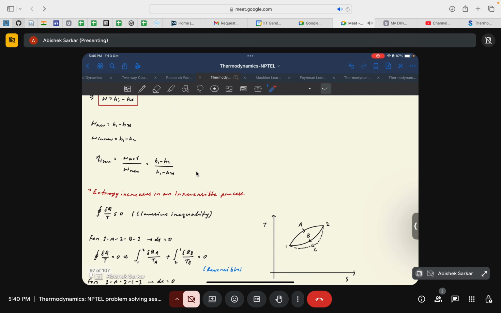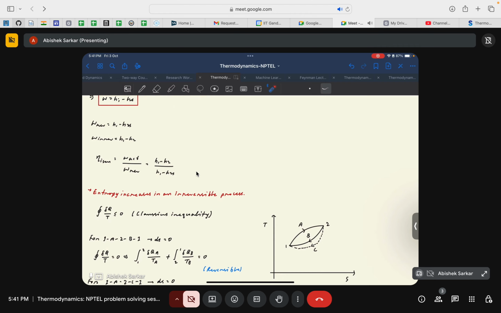From this discussion, we come to an understandable conclusion that entropy increases in an irreversible process. It's a statement that has been thoroughly explained and discussed by Professor Anand in the lectures, so I'm not going through a thorough reasoning for this particular statement at this point of time.